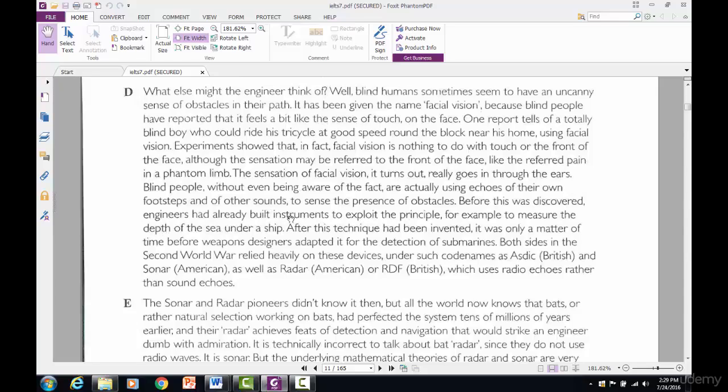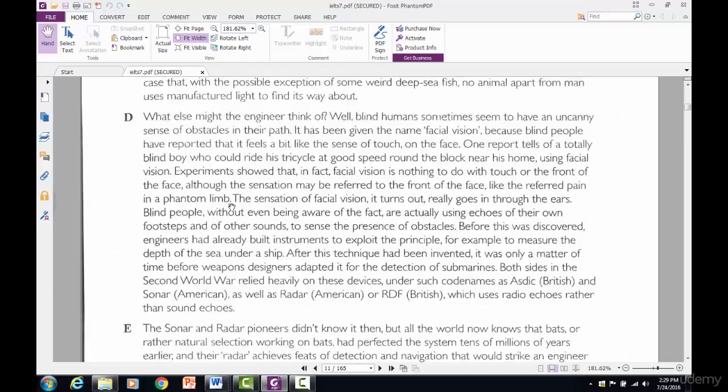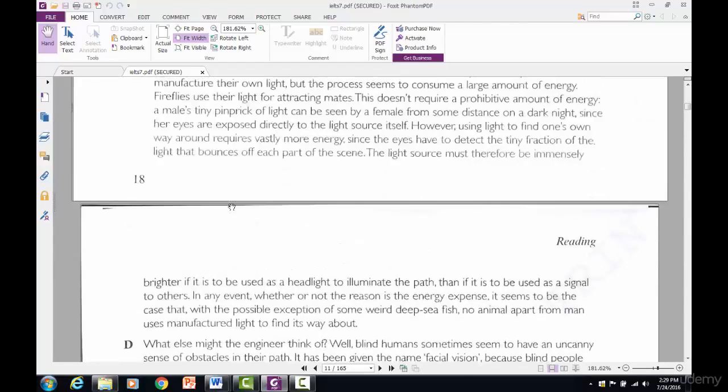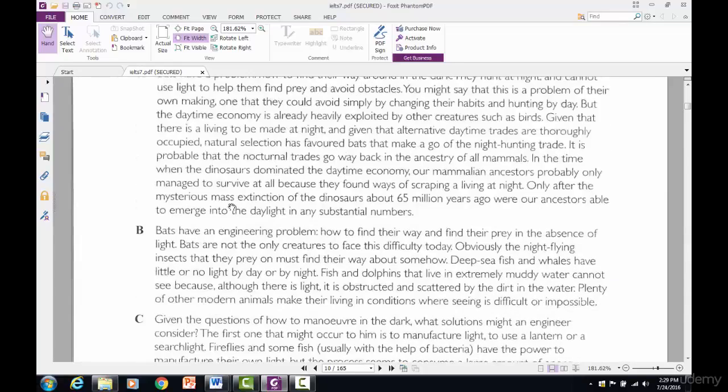All right, depth. And here we see something about Second World War. So that probably means number 5 is in paragraph D, unless another paragraph mentions anything about war, which it doesn't.